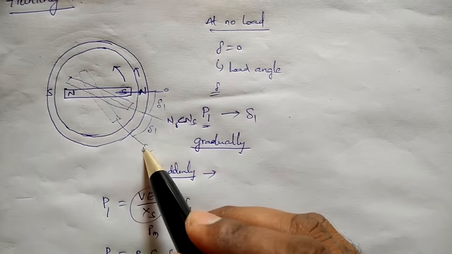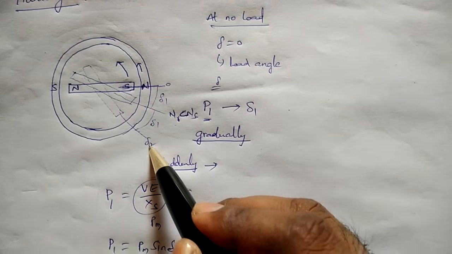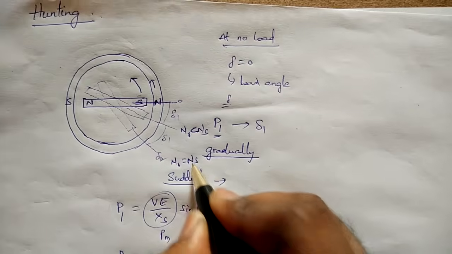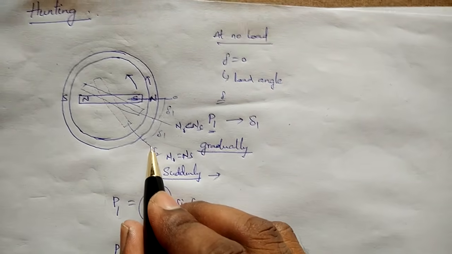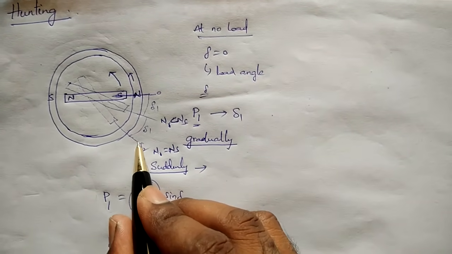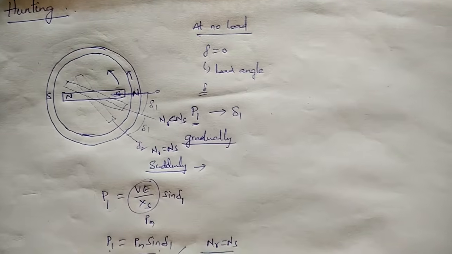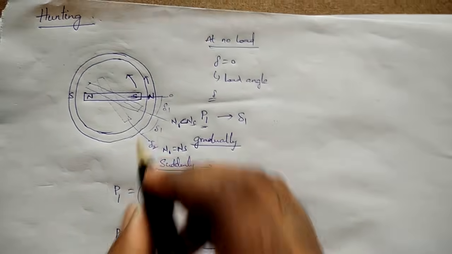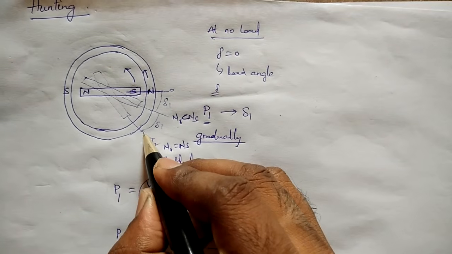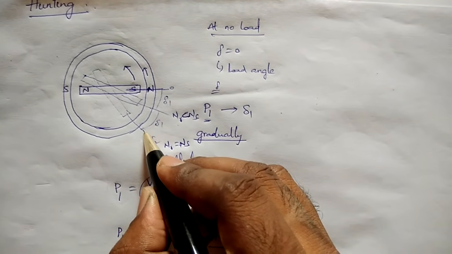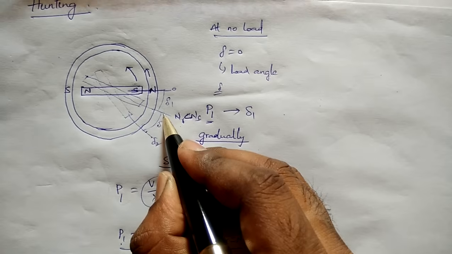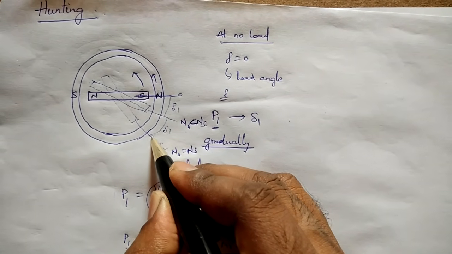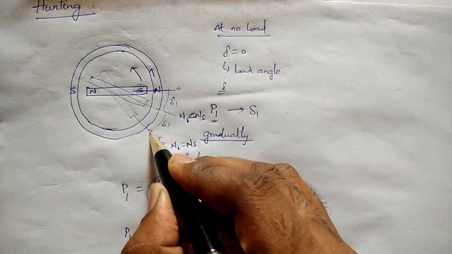By the time it comes to the position of delta 2, Nr is equal to Ns. At this position, Pm sine delta is greater than P1 because delta is more. Actually, here Pm sine delta was equal to P1. If it is coming like this, delta is increasing, so here Pm sine delta is greater than P1.